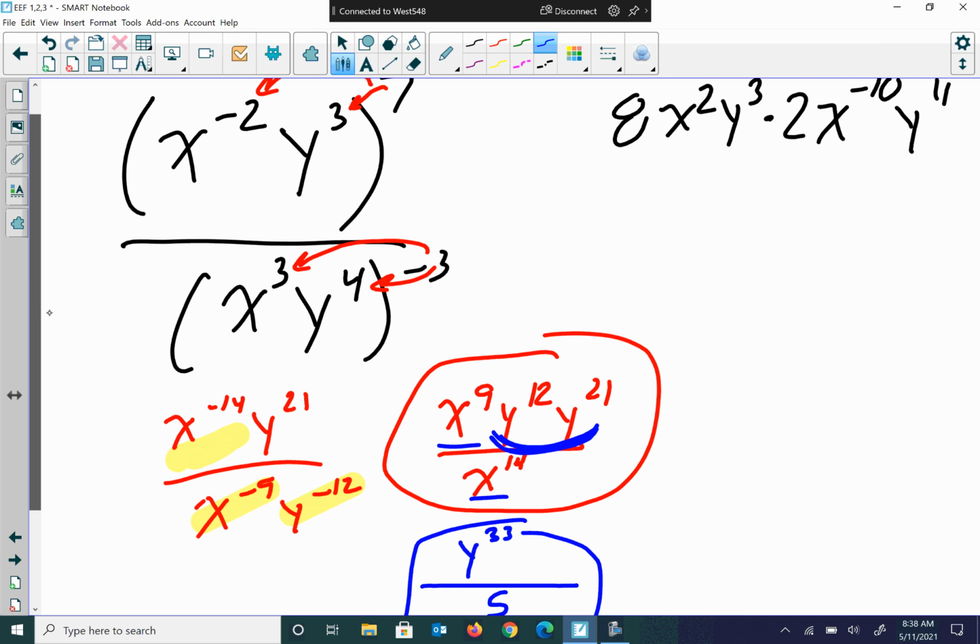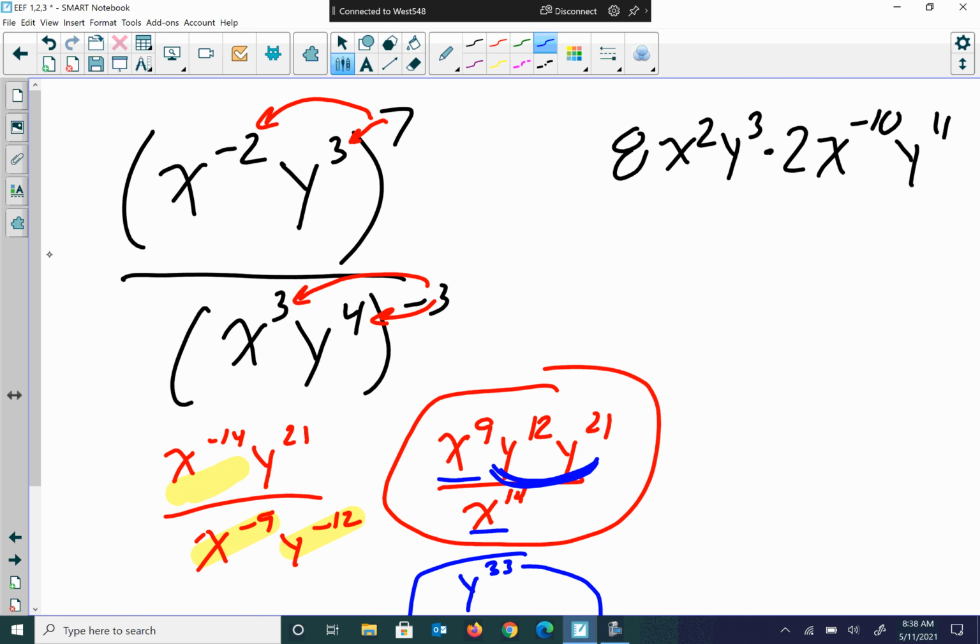All right. Let's finish this last problem. Before I do anything, I'm going to move this location. So I get 8x squared, y to the 3rd, times 2y to the 11th. And it's actually all over x to the 10th.